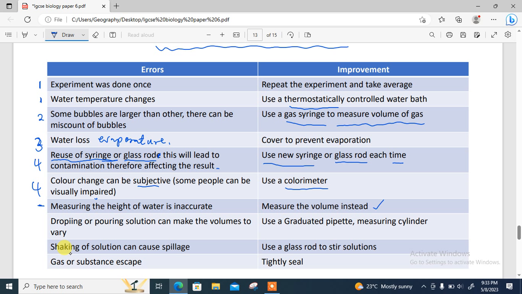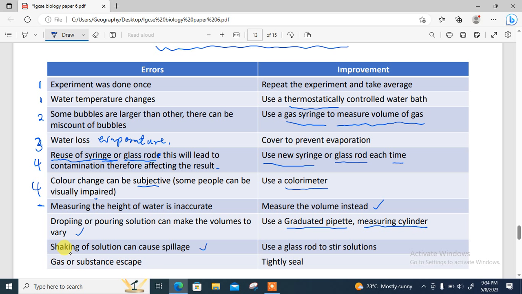Now, also dropping or pouring solution can make the volume vary. So the best way is to use a graduated pipette or a measuring cylinder to make sure the volume of everything you're doing is equal. Now, shaking of solution can actually lead to spillage.